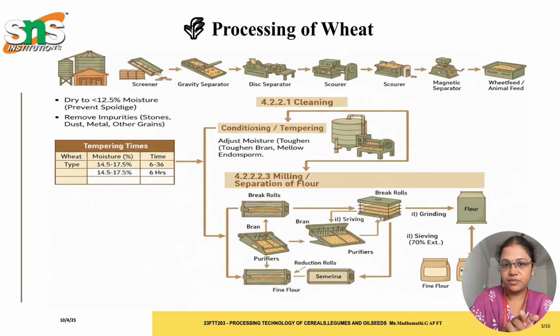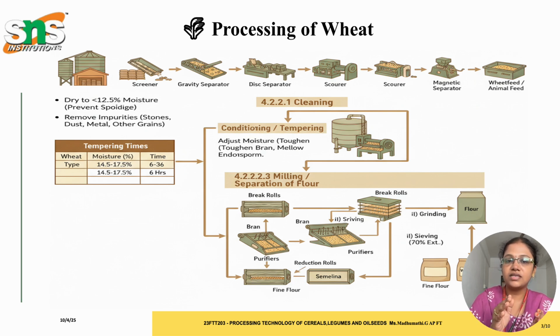So in the first picture we can see the mill, that is the bin or the silo where the wheat is being stored. Then from the stored bins or the silo, the wheat is first taken into the first operation, that is the screener, where it is being screened based on the different types.